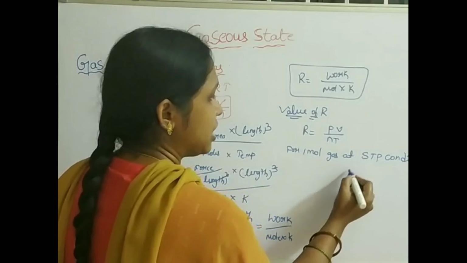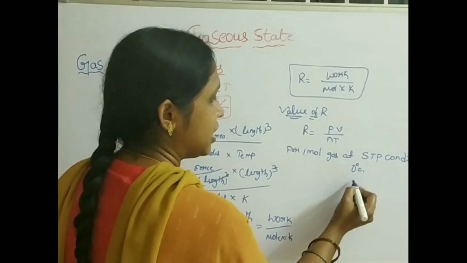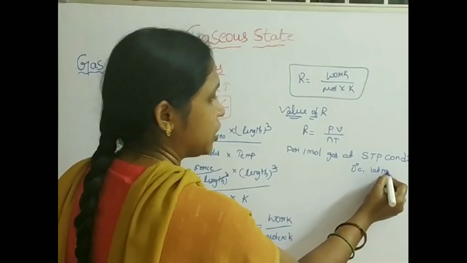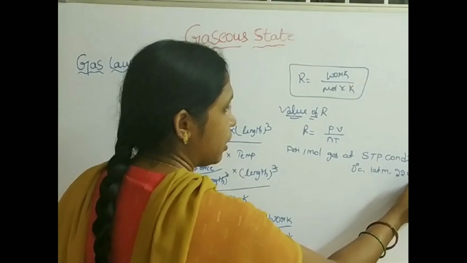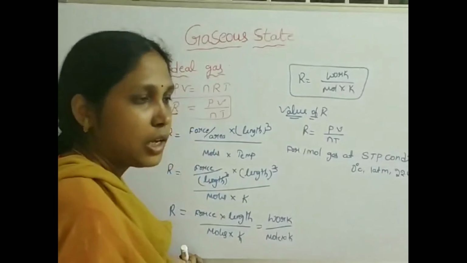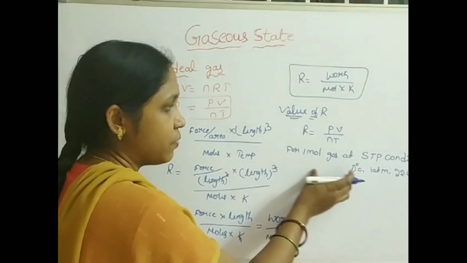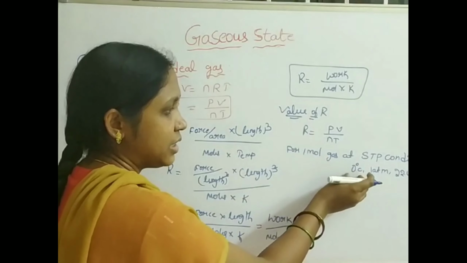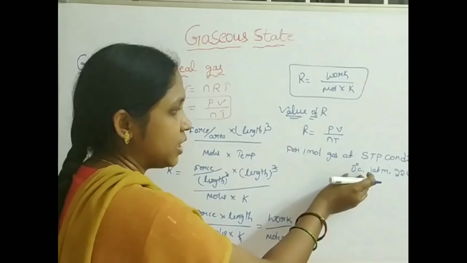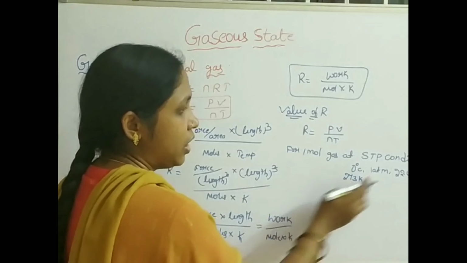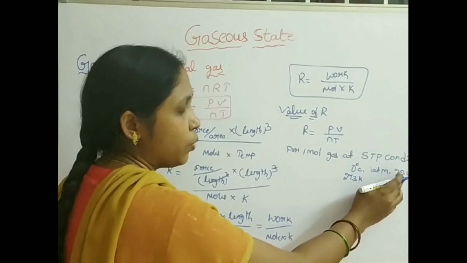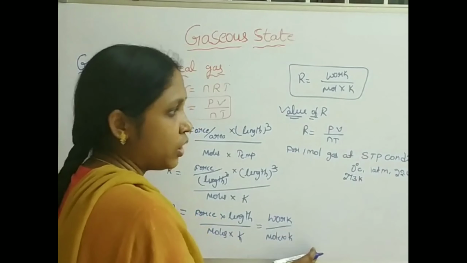What are the STP conditions? 0 degrees Celsius, 1 atmospheric pressure. The volume of the gas is 22.4 liters. Standard temperature and pressure, where 1 mole of gas has temperature 0 degrees Celsius, that is 273 Kelvin, and 1 atmospheric pressure. The volume of the gas is 22.4 liters.